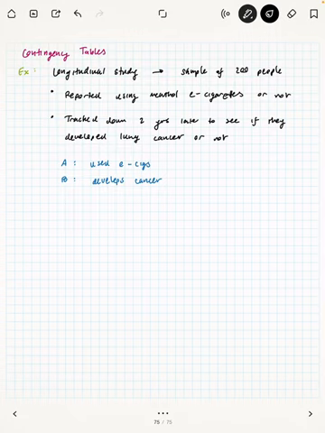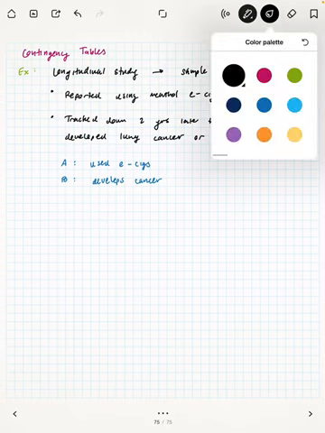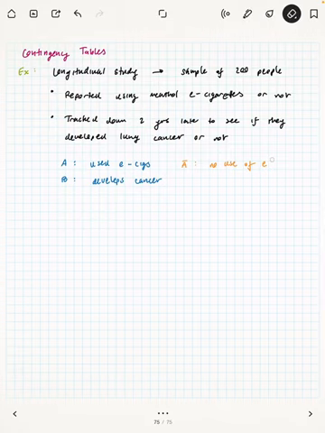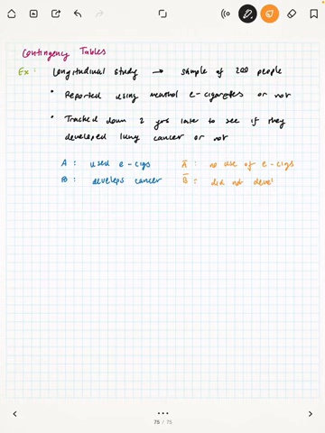Okay, so notice that this also gives us something about A bar and B bar, namely A bar is no use of e-cigs, and B bar means they did not develop cancer. Maybe it's did not develop it yet.